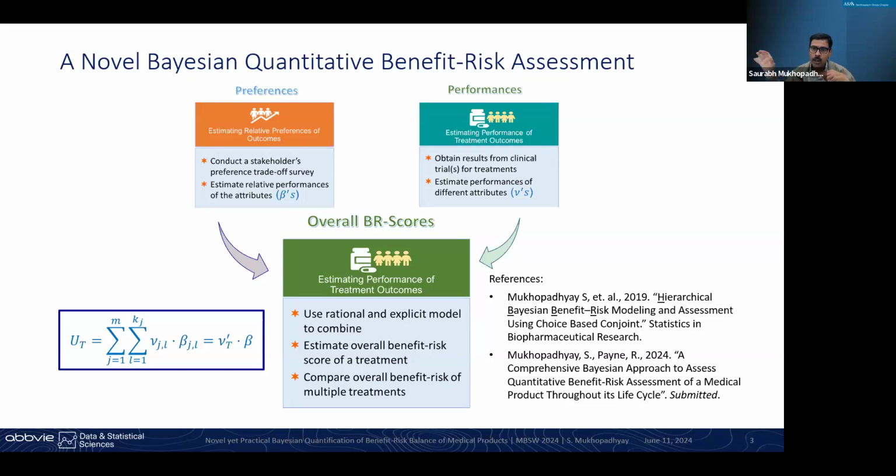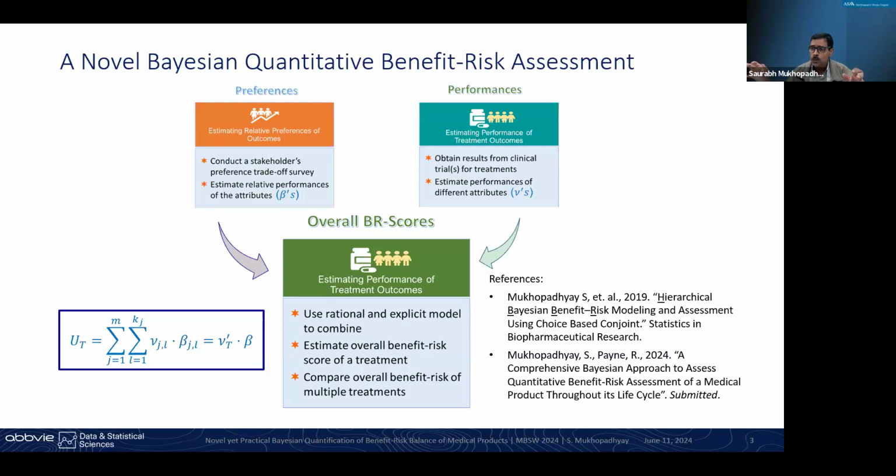The other is the performance of the treatment for which we are trying to measure the benefit risk assessment. The performance part of the treatment is obtained from the results of a clinical trial for that treatment, and the concerning parameters for performance we indicate by nu.